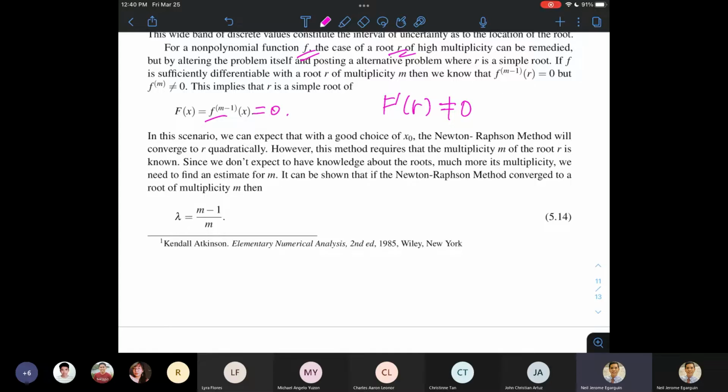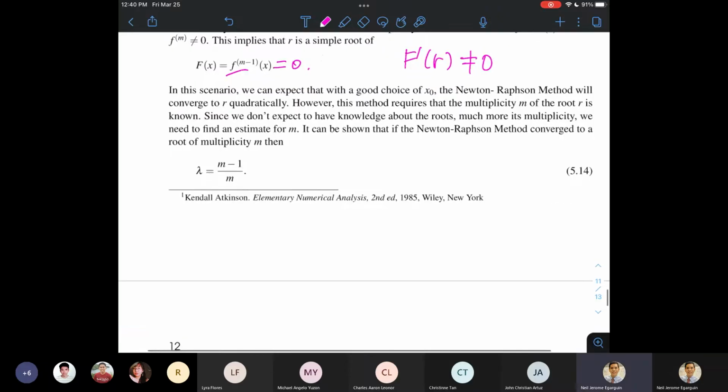So kung wala tayong idea dun sa multiplicity ng root na meron tayo, kayang i-prove, hindi ko na pinakita dito yung proof, pero kayang ma-derive sa Newton-Raphson method na kapag nag-converge yung Newton-Raphson method sa isang root of multiplicity m, then the asymptotic error constant would be equal to m minus 1 over m. Okay? In our case kanina, kay 1.1, multiplicity 3 siya.